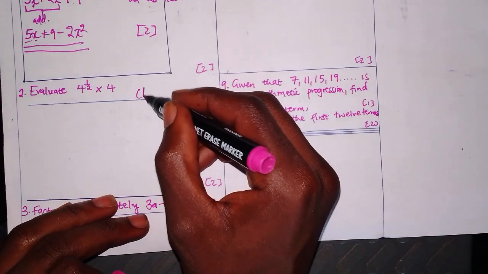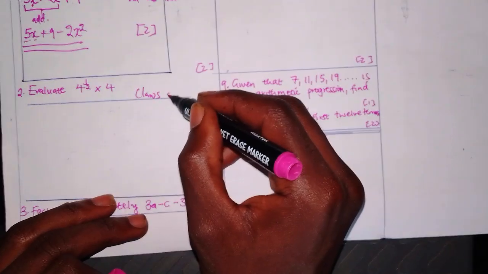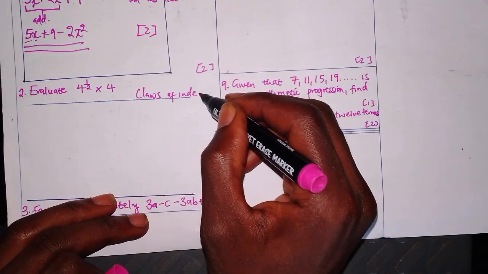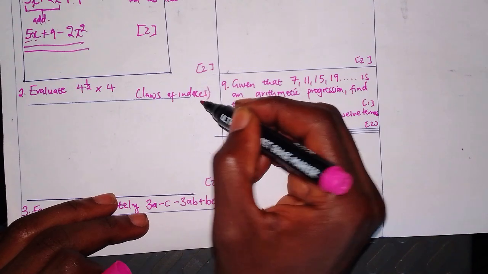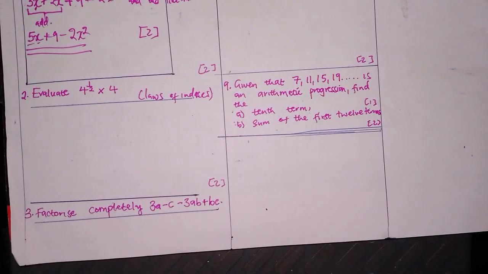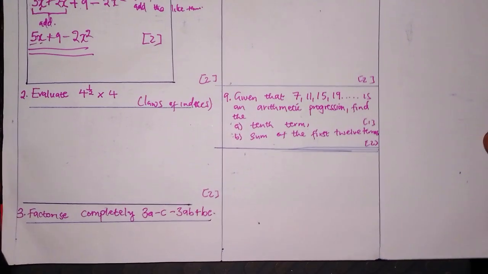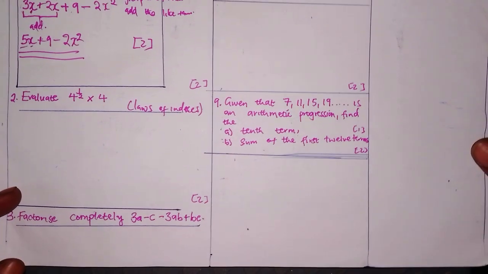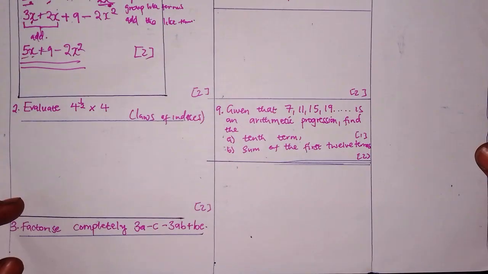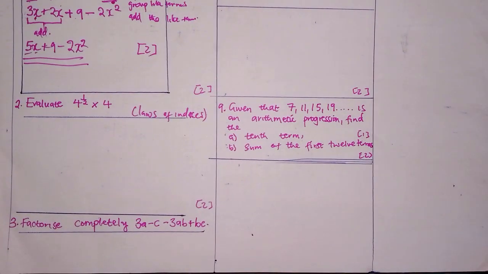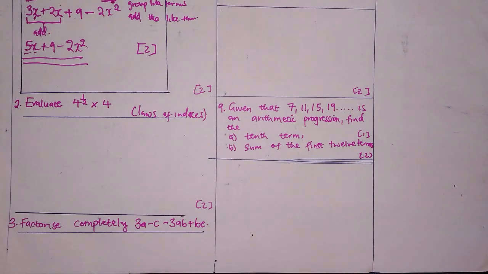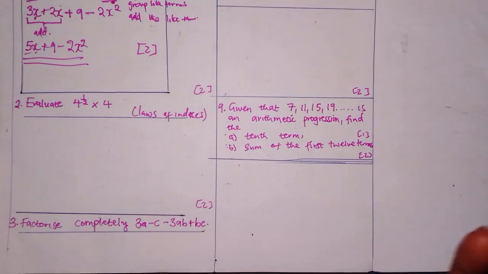This question was gotten from laws of indices. Those topics from grade 10, they come. These are the 12 easy marks. That's why I told you that these are the 12 easy marks. Why? Because they come from grade 10, and we know that grade 10 is the simplest grade.